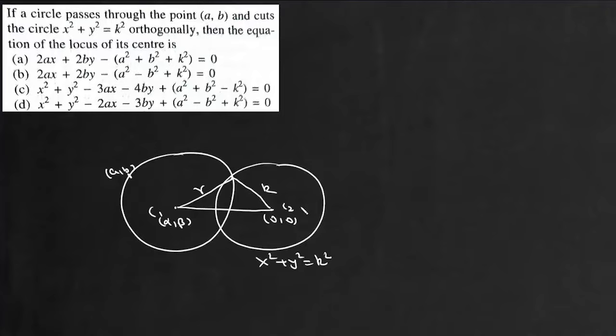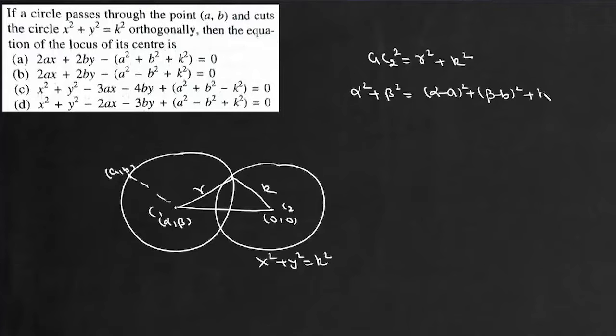Now since these two circles intersect orthogonally, we know that C1C2 square is equal to r square plus k square. Now C1C2 square is alpha square plus beta square, and we can write the radius of this circle in terms of alpha, beta and (a, b). So we write this as (alpha minus a) square plus (beta minus b) square plus k square.